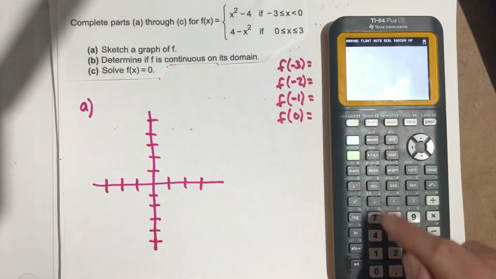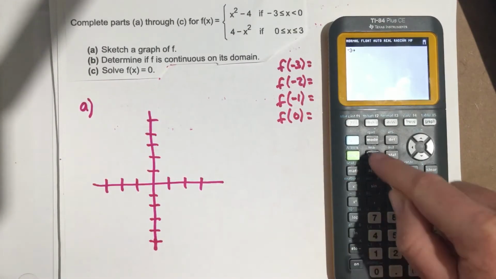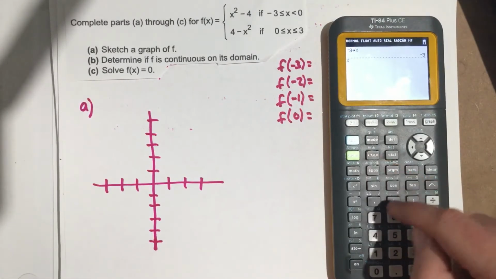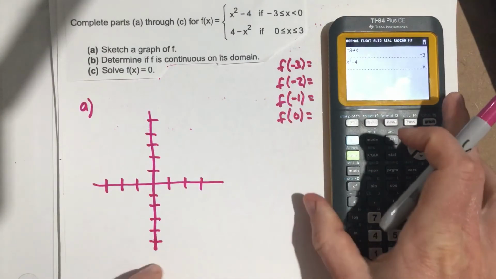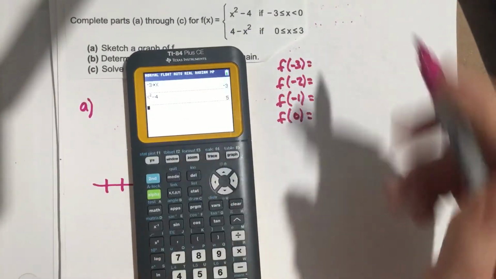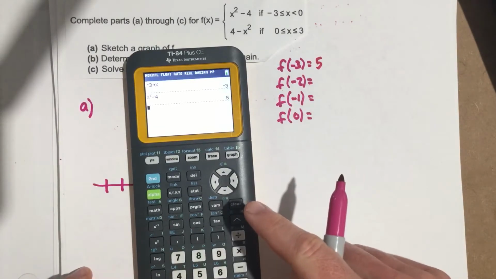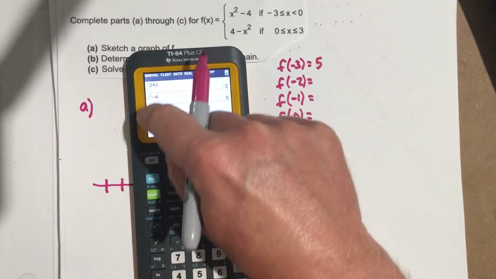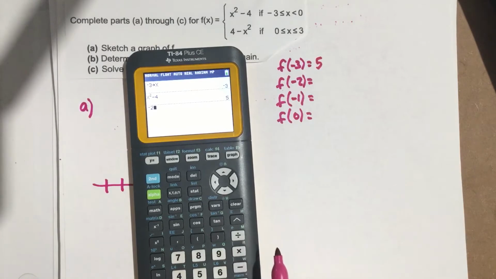We're going to store this first number, -3, store it as x. And then we're going to say x squared minus 4 and hit enter. It tells us that this is 5. So I'm going to kind of cover up my function for right now. This is 5. And then I'm going to do the same thing here. I'm going to plug in the -2. So I'm going to say -2, store it as x.